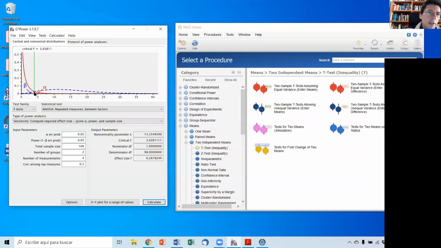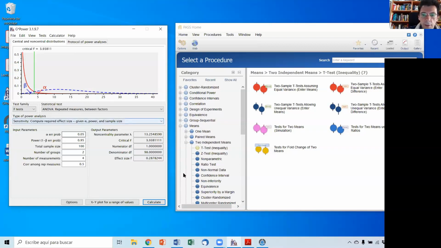You always have to find a threshold such that from that threshold to the right there is a probability alpha, and from that threshold to the left there is a probability beta. The shape of all these curves depends on the statistical test that you are doing.